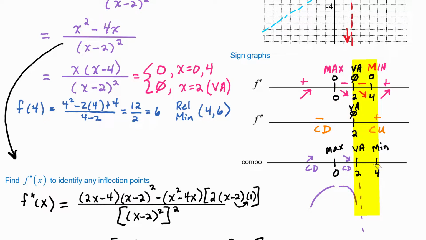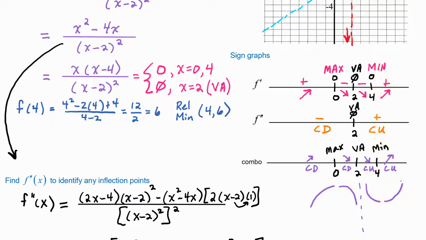From 2 until 4, the graph is decreasing and concave up. So that has to look like this. And then from 4 until infinity, the graph is increasing and concave up, which looks like this.